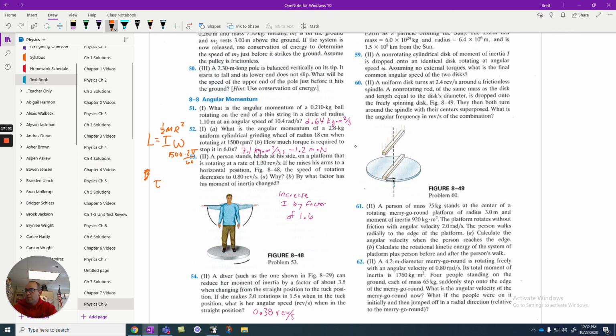So one of the formulas we came across was that torque will create a change in momentum over time. Well, if we know how much angular momentum it had to begin with, and we know it's taking 6 seconds, we can figure out how much torque it would take. Now keep in mind, it is negative because you're trying to remove angular momentum instead of give angular momentum.